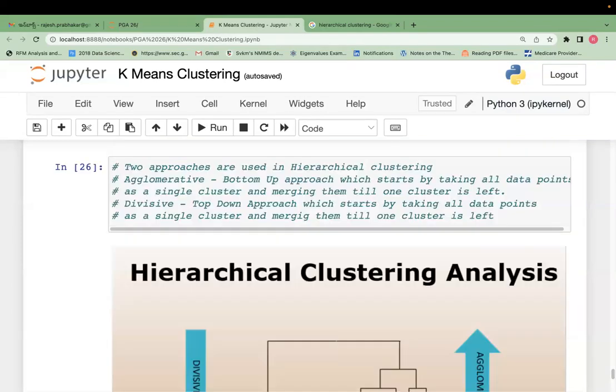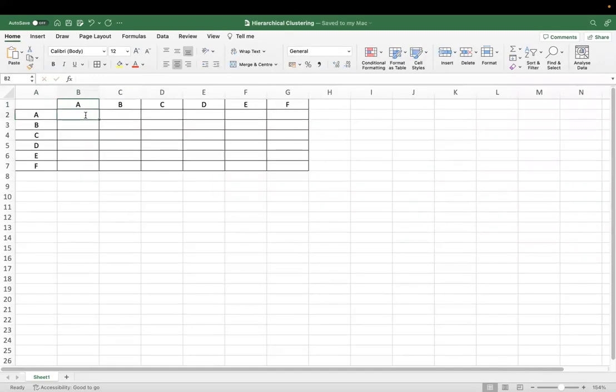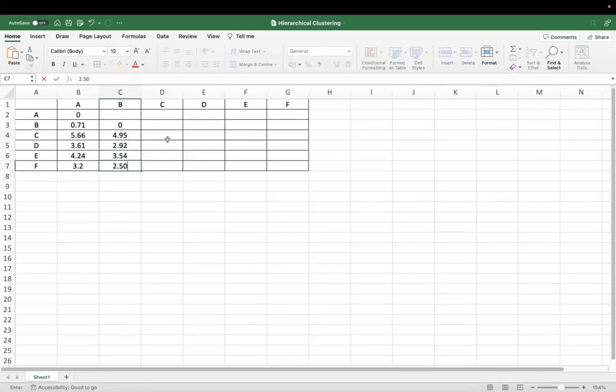Now let us understand this concept with the calculation. All of you can open an Excel sheet. Let us say we have the distances 0.0, 0.71, 5.66, 3.61, 4.24, 3.20, 4.95, 2.92, 3.54, 2.50, 2.24, 1.41, 2.50, B is 0, 0.50, E is 0, 1.12, F is 0.